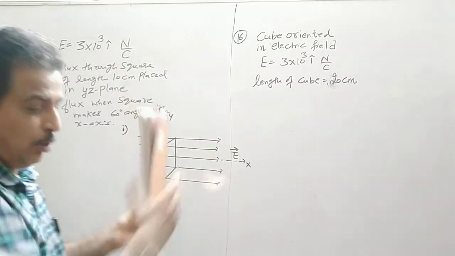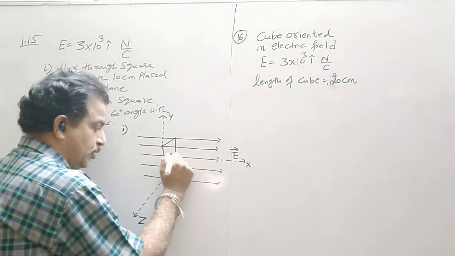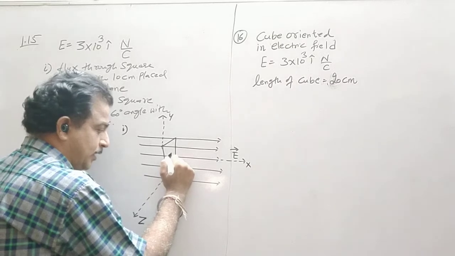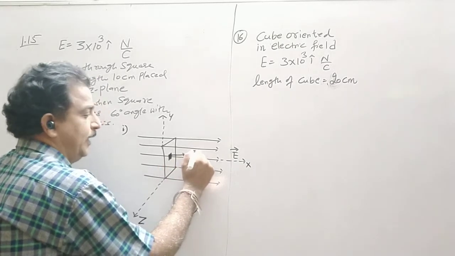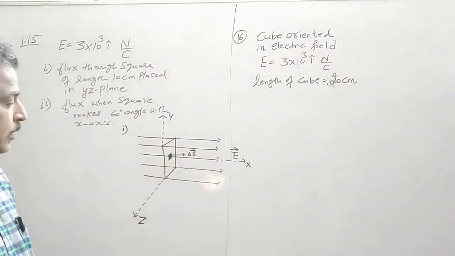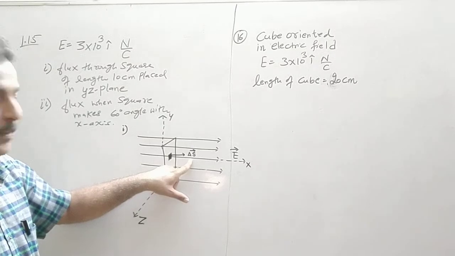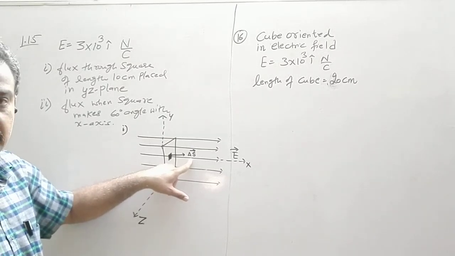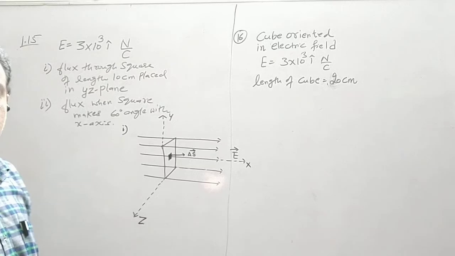Because the field is along the x-axis, I am taking a small element which we have discussed and let its area vector be delta S vector. So clearly the angle between this delta S, our area vector, which is along the x-axis, and the direction of the electric field is zero.